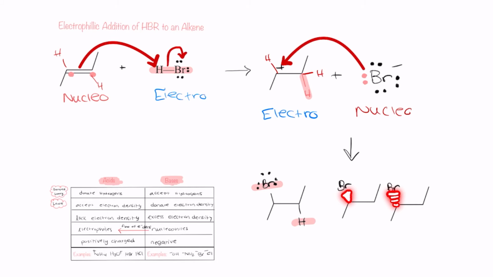And the reason why it has the opportunity to join from both sides is because it's joining a carbon that has a missing bond. So you can kind of imagine it as an open place where it can either come from the front or from the back. And it doesn't matter which one it goes to. So we say here that it has a racemic mixture, meaning that you form both R and S products. And I'm going to get into what R and S mean in another video.